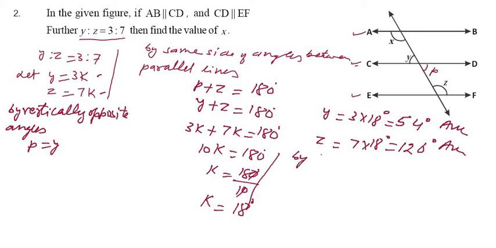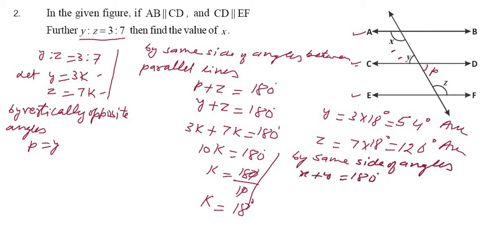Now by same side angles, once again same side. This x and y, x plus y is equal to 180 degrees.